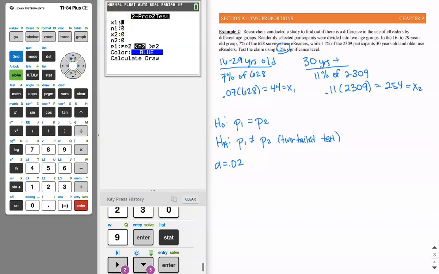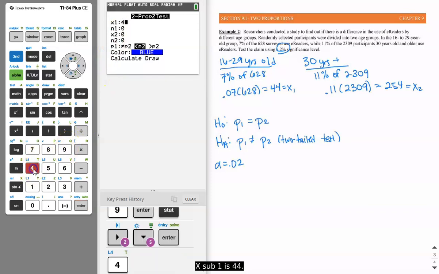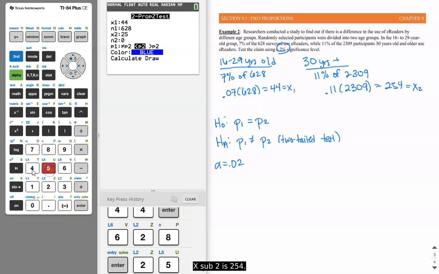So x sub 1 is 44, and we want it as a whole number. If you try to put it into the decimal, you'll get an error. Out of 628, that's n sub 1. x sub 2 is 254. n sub 2 is 2309.